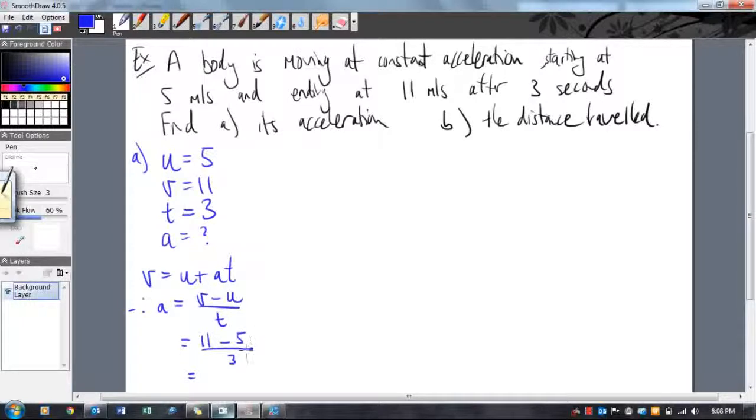So that's 6 over 3, which is 2 meters per second squared. That's the acceleration. Beauty, that's the first part done.